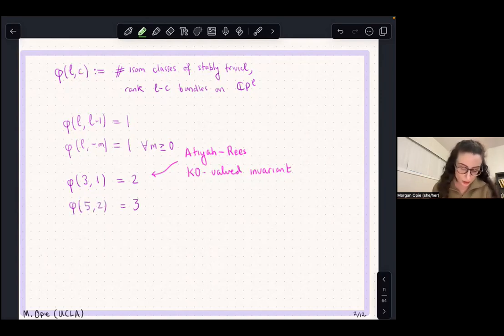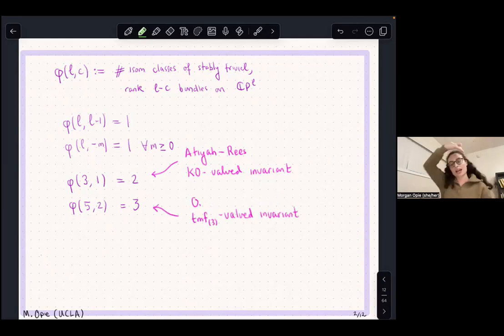If we look at the number of co-rank 2 bundles on CP5, i.e. complex rank 3 bundles on CP5, the number of bundles here that are stably trivial, I realize I tend to say the number of bundles. A referee has recently pointed out to me that the number of bundles is infinite. So of course I mean the number of isomorphism classes of bundles. This number is equal to 3. For this problem, which was in my thesis, I defined an invariant valued in TMF localized at the prime 3, which distinguishes the stably equivalent bundles in this case.